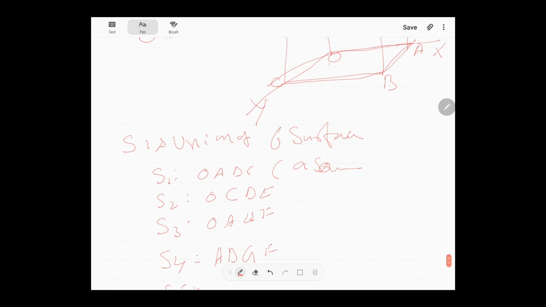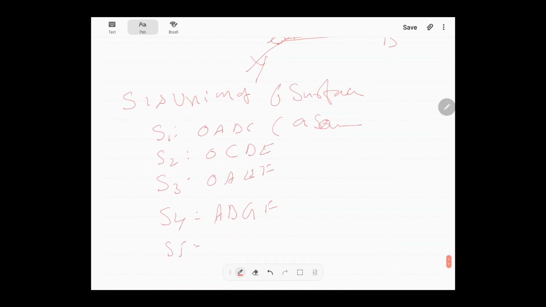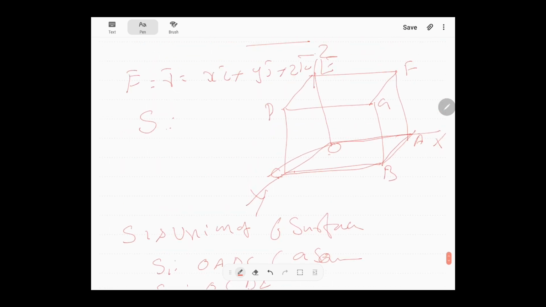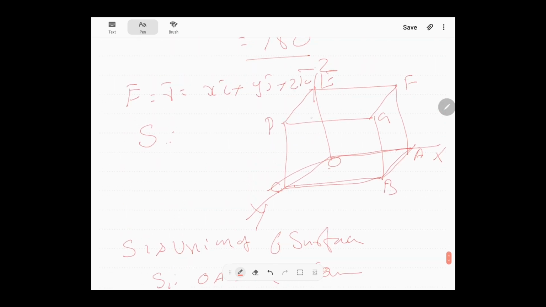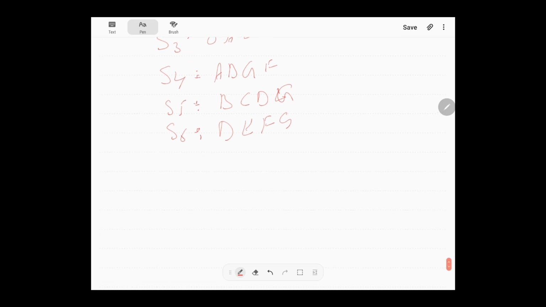S5 is the front one, BCDG. S6 is the top one, DEFG. Each one is a square.